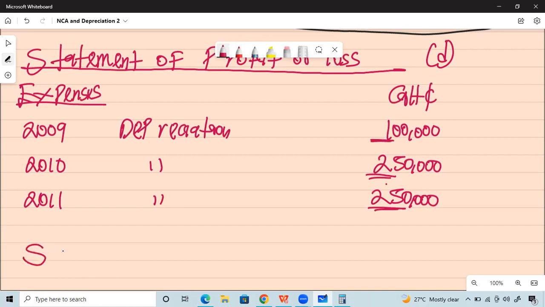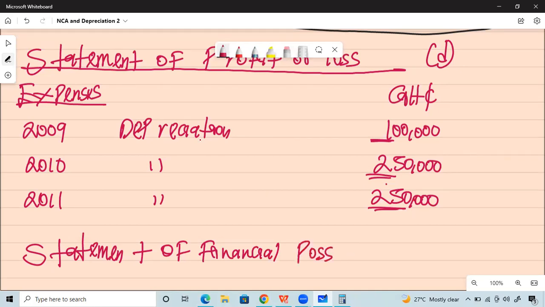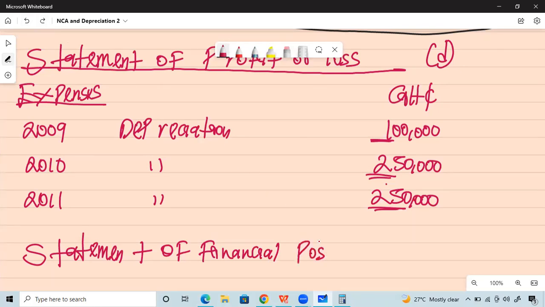Then the last one is the statement of financial position, brackets, extracts.